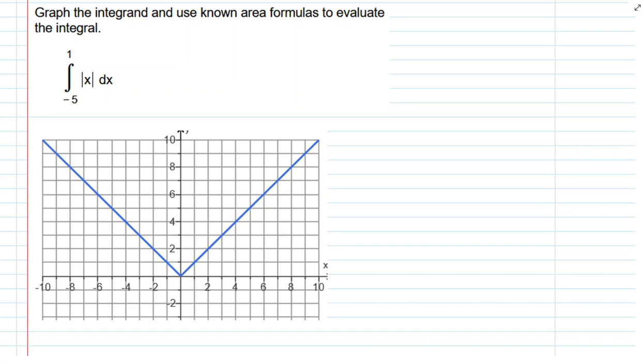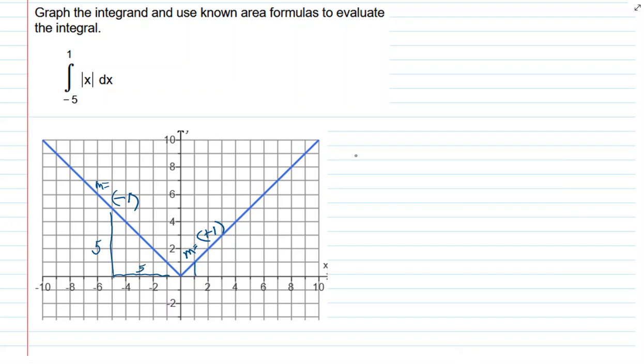We notice that the slope is negative, positive 1 going up. Five, which is right here, to 1. We would know we have a triangle of a 5 and a 5.